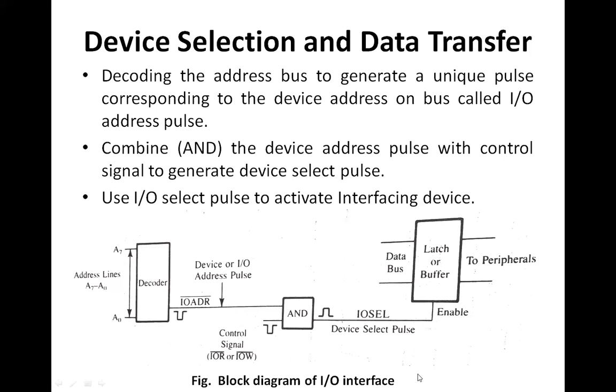Now here you can see that we have a block diagram which is going to illustrate all these three steps for the interfacing of any input and output device. In this particular figure, you can see that we have address lines, that is A0 to A7, and these address lines are connected to the decoder, which is going to generate a unique pulse corresponding to each address on the address lines.